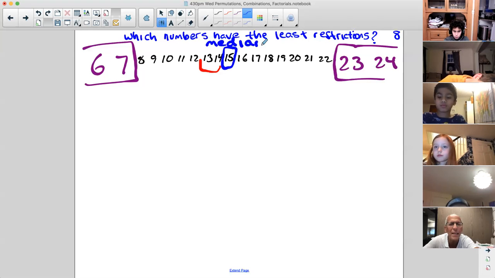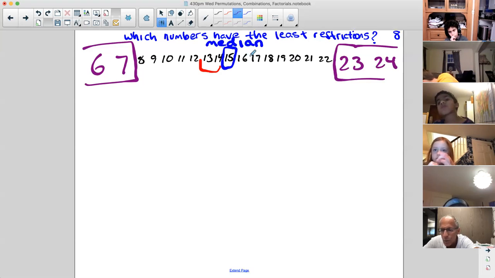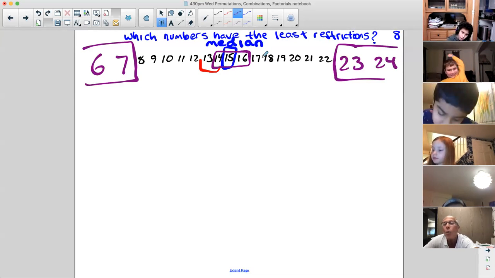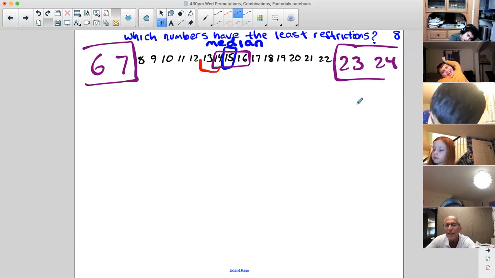It's the median. Now when Kelsey said 13 and 14, we know which one of her other numbers is in that sweet spot. Say it out loud. 14. 16. That's right.